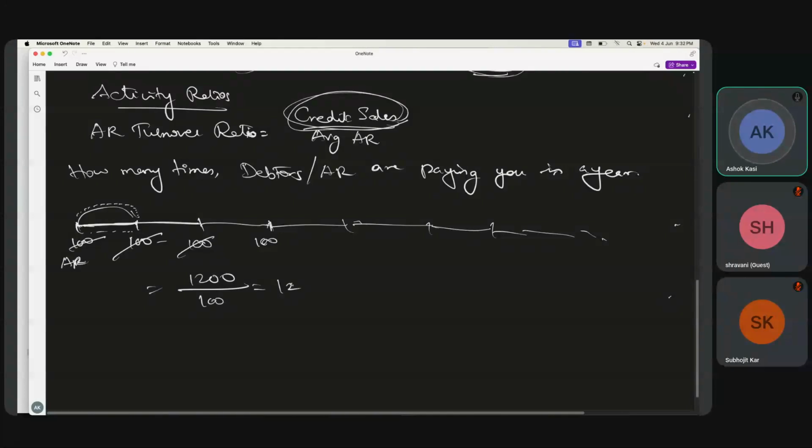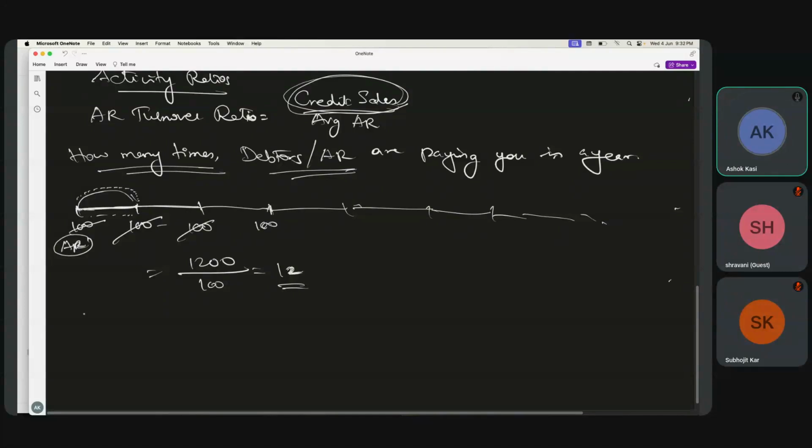So this means account receivables are coming and paying you 12 times in a year. This is giving you the answer to how many times your debtors are coming and paying you. 12 times.